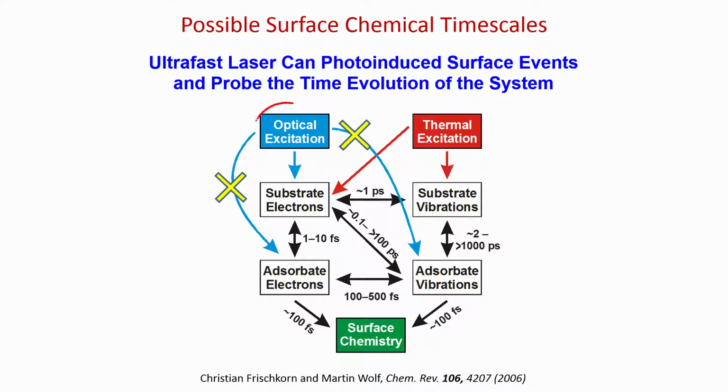This optical excitation can excite substrate electrons, but it cannot excite the substrate phonon, because generally optical excitation is done at 800 nanometer. The substrate phonon can be excited, but we have to go for terahertz or some other frequency.